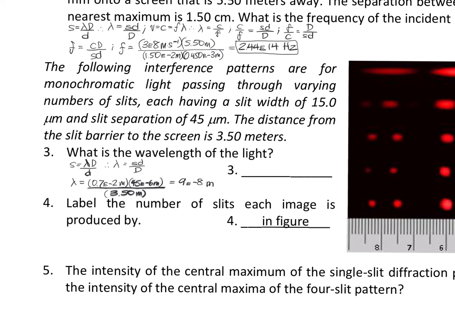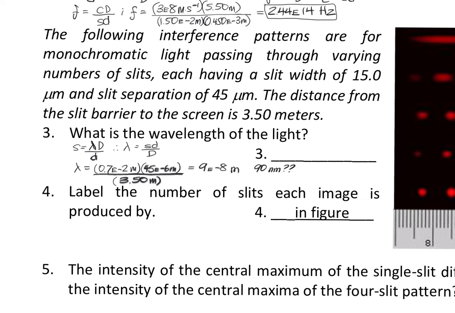I double checked my math, and I do get 9 times 10 to the negative 8 meters, which makes sense in terms of a wavelength. That just seems like a rather short wavelength for visible light. It's not even in the hundreds of nanometers. It's in the tens of nanometers, so I don't really know what's up with that.